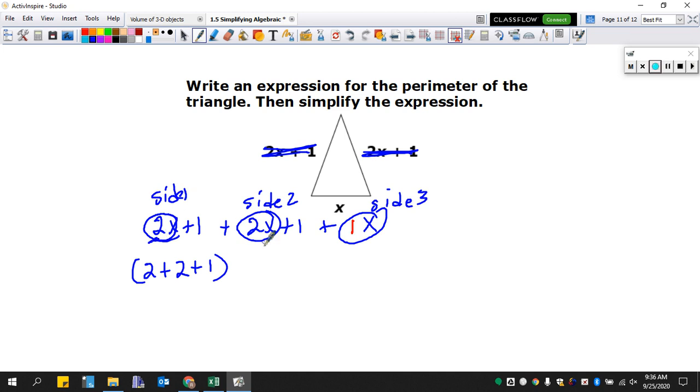That's here, here, and here. x plus, and then our constants are just simply 1 and 1. So 1 plus 1. 2 plus 2 plus 1 is 5x, plus 1 plus 1 is 2.